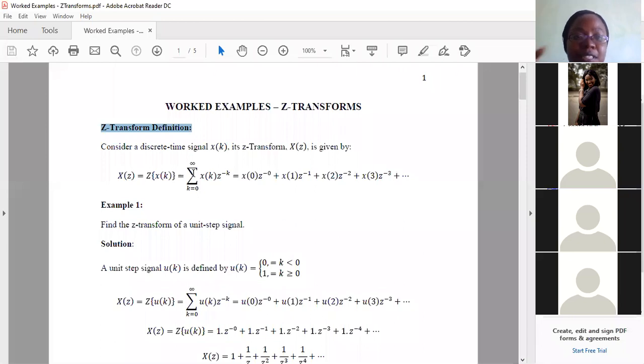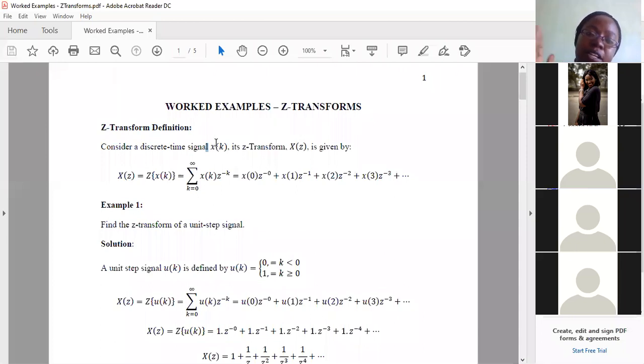So you can have t as a fraction or with decimal numbers. But in discrete time, your independent variable is an integer, which is k.